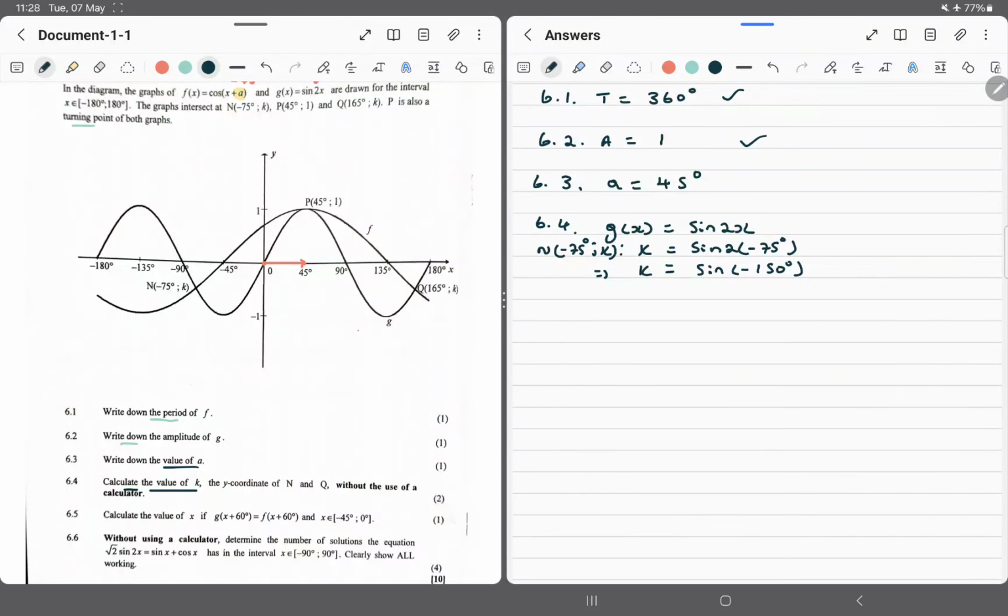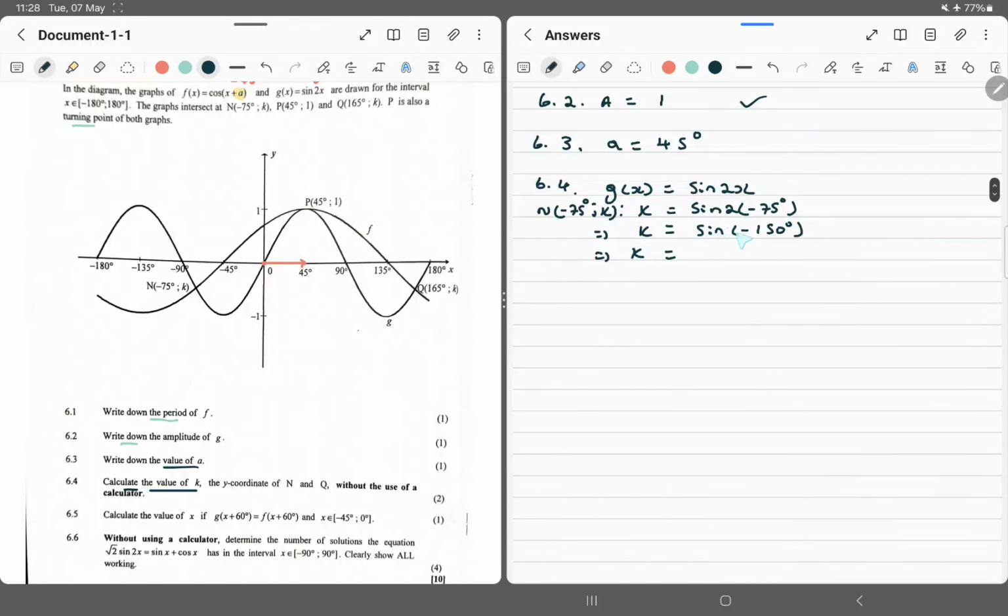Okay, so this implies that k is equal to, now sine of a negative angle is going to be minus sine, because this is an angle in the third quadrant. So now we're going to use our reduction formula.